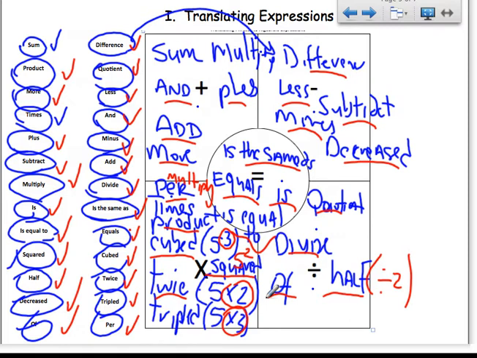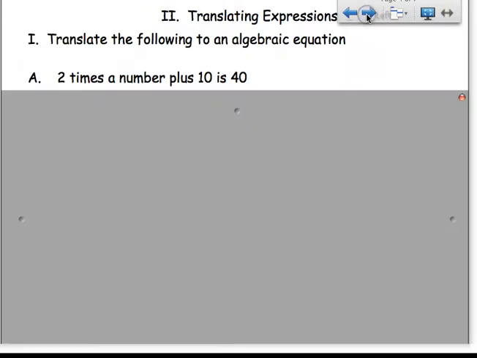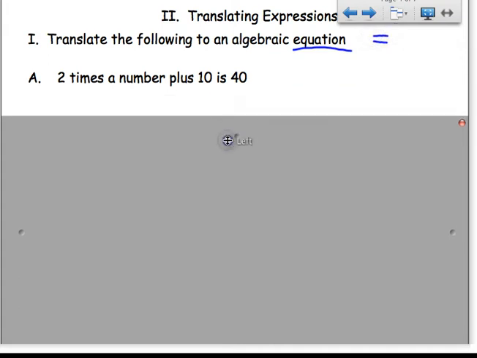Now it's time to actually translate entire expressions. So we're going to look at expressions and translate them into an equation, which means there's going to be an equal sign in the answer. So if I want to translate this first one, 2 times a number plus 10 is 40. The first thing I do is just identify the information I see. I know I'm going to use the number 2 times, so there's going to be an operation of times. A number, which means I need a variable, I'll go ahead and use n.